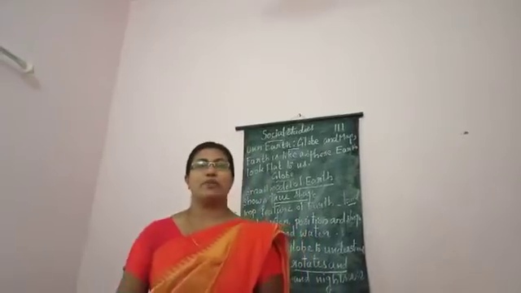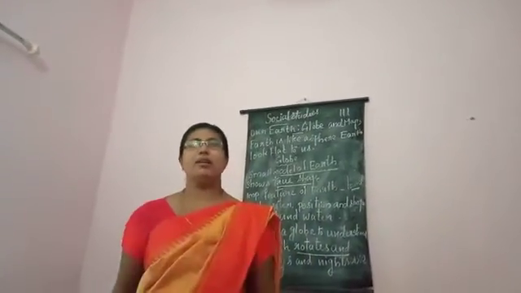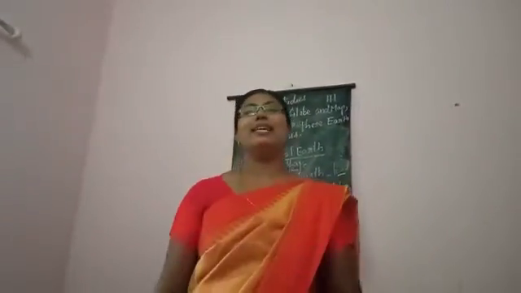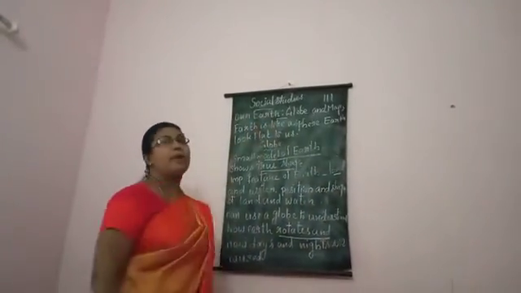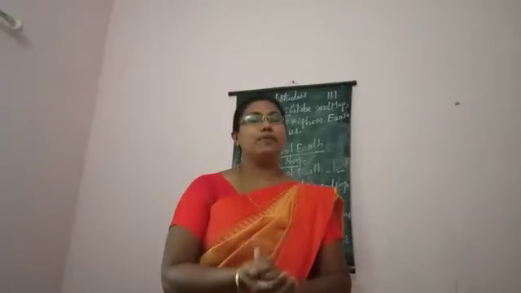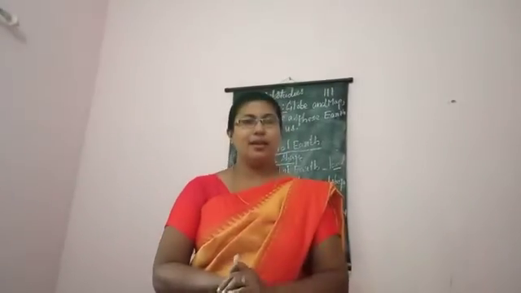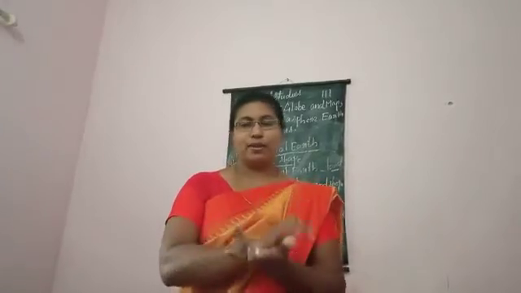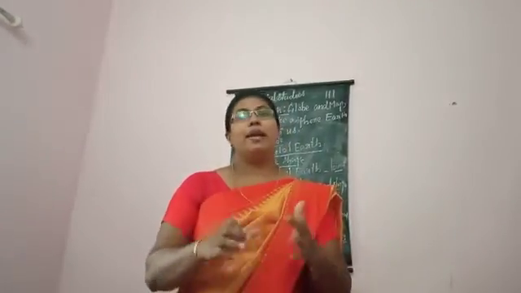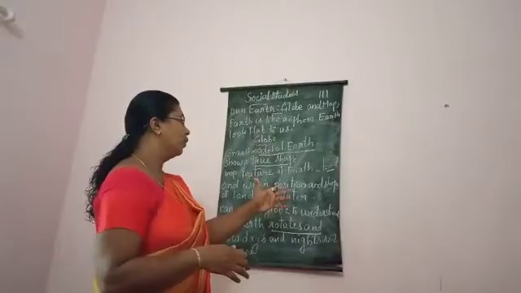So my dear children, before winding up this section, once again we are dealing with our second chapter, our earth, globe and map. And we said earth is like a sphere, and we were discussing the advantages and disadvantages of globe, and how globe can be used.